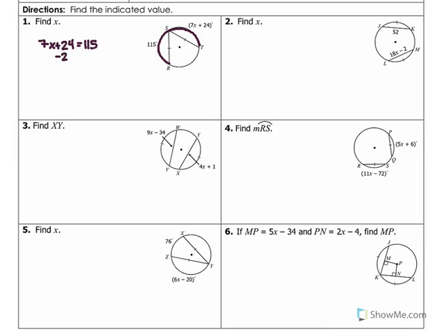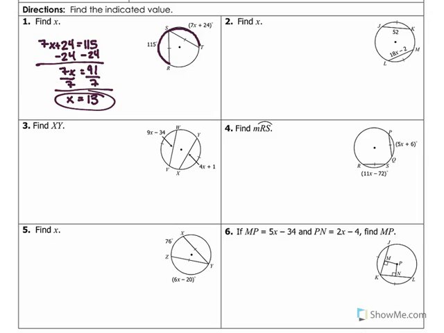If we subtract 24, then we have 7x equals 91. And if we divide by 7, then we have that x equals 13. And that is our answer. So it's pretty easy. It's just knowing what those theorems are and knowing that those pieces are equal.